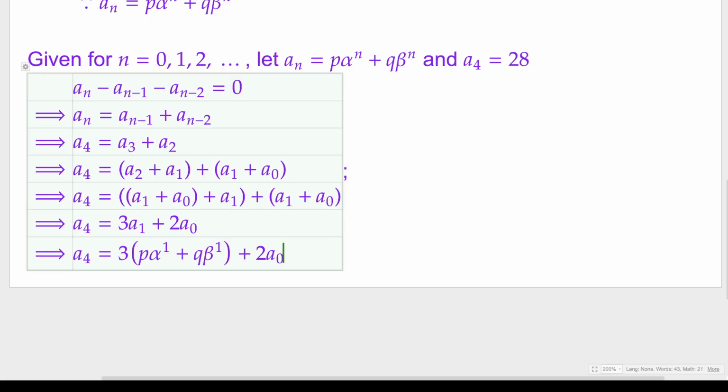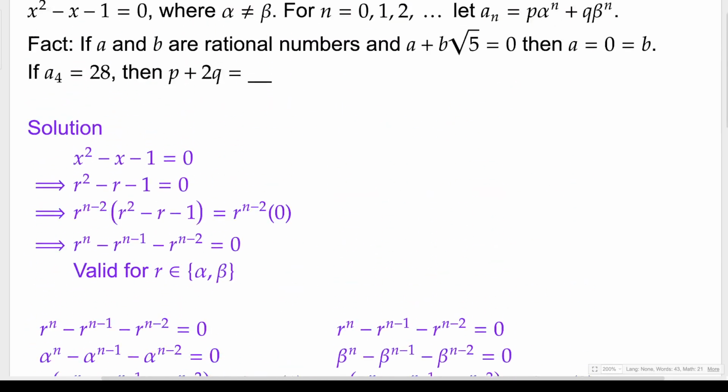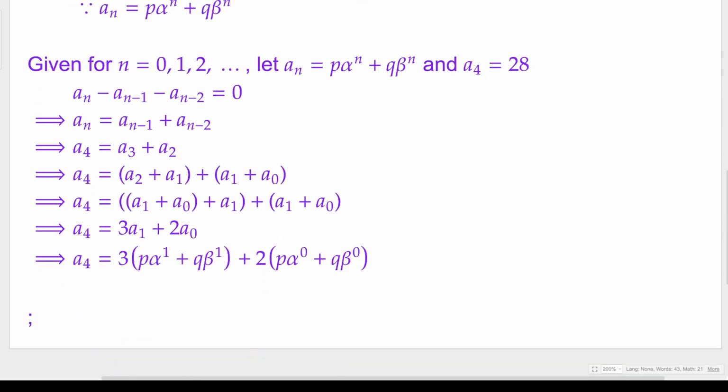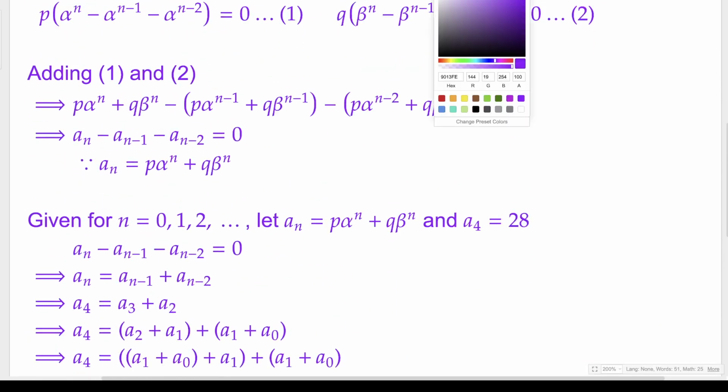And for this a subscript of 0, when I substitute here, so p times alpha to the power 0 plus q times beta to the power 0. So now this fact is given to us, and we'll be using this fact that is given here, right?